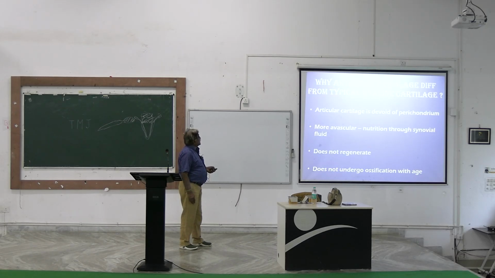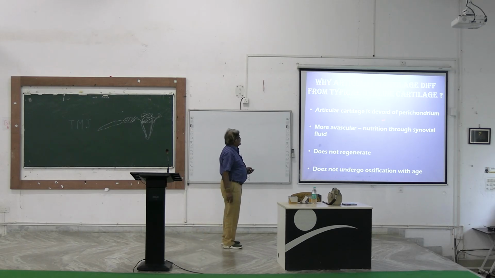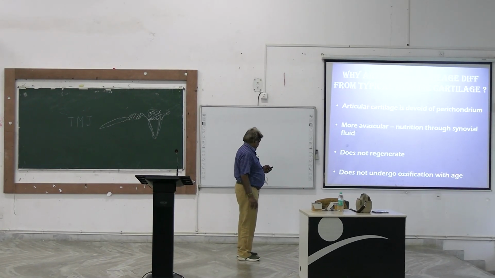Now why does articular cartilage differ from typical hyaline cartilage? The difference between hyaline cartilage and articular cartilage: articular cartilage is devoid of perichondrium, more avascular, gets nutrition through synovial fluid, does not regenerate, and does not undergo ossification with age.